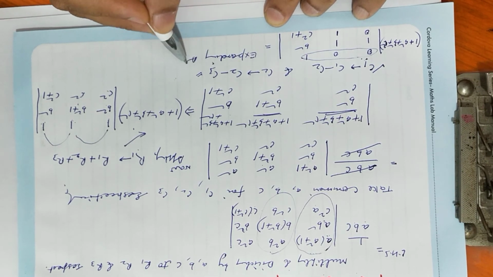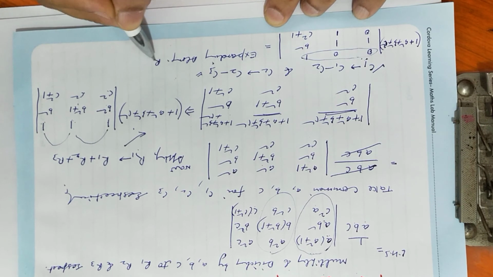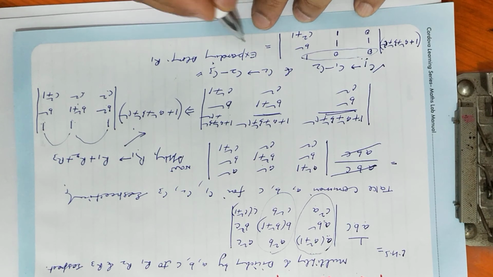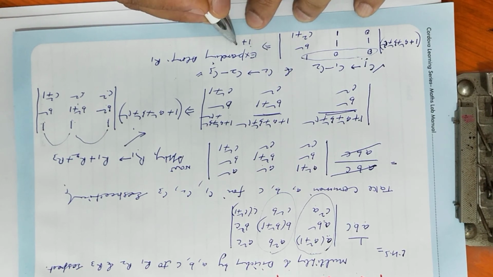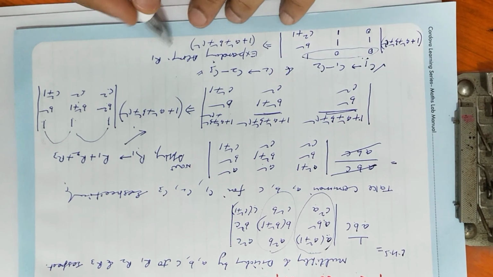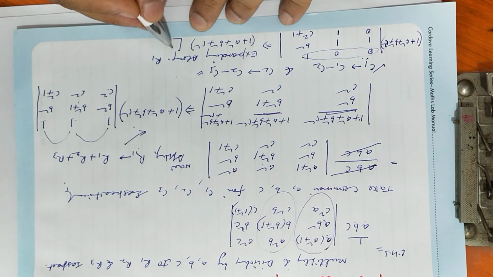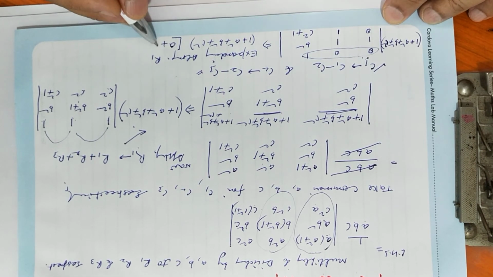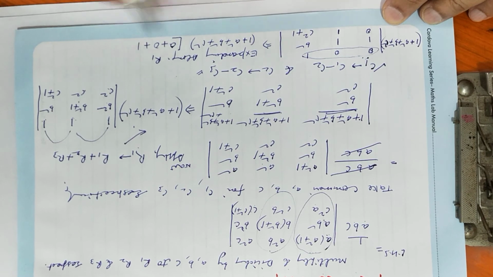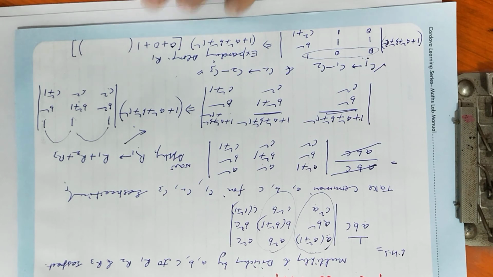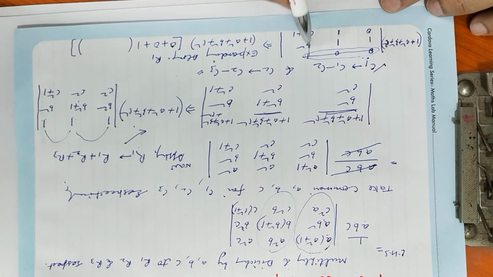So we can expand it, expanding along R1. After expanding along R1, what will you get? You will get 1 plus a square plus b square plus c square, this 0, plus this 0, plus 1, this 1. And when you cut it, what will you get?